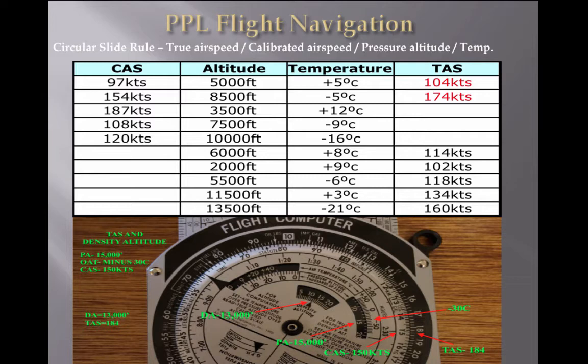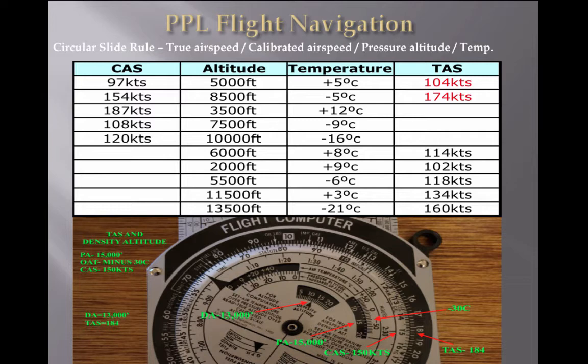Great. Now we want to take the picture away and see if we can start doing this from memory. Okay, so we look at the next one: 3,500 feet with a plus outside air temperature and a positive 12 degrees. Now, got that.